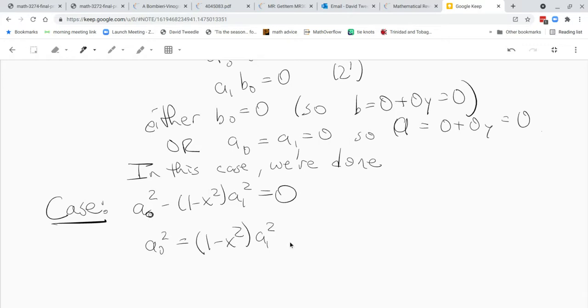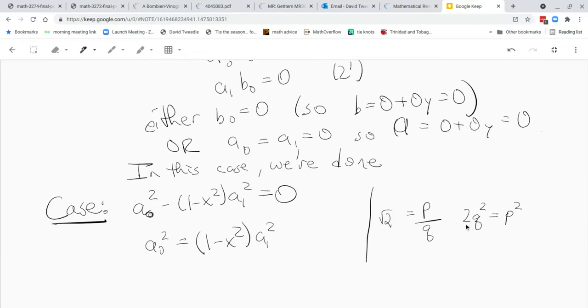And we see that there's kind of a problem. Here we have a square times something equals a square, so the something actually has to be a square. This is a similar problem to when you prove that the square root of 2 is irrational. Let me briefly remind you: you write square root 2 equals p over q, and then you end up with 2q squared equals p squared.